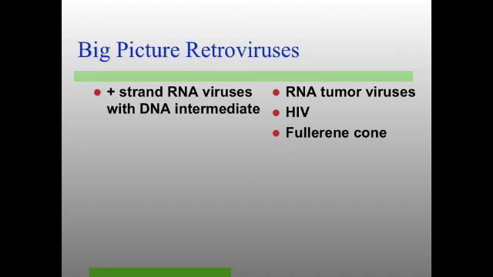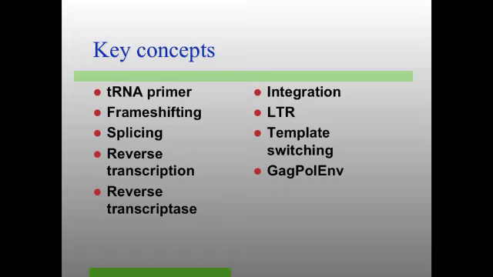We'll talk about that towards the end of today's lecture, and then maybe also a little bit on Monday as well. The structure of HIV, particularly the nucleocapsid core of HIV, has this really fascinating structure called a fullerene cone. What are our key concepts? Far too many of them here, but mostly has to do with how these guys replicate.